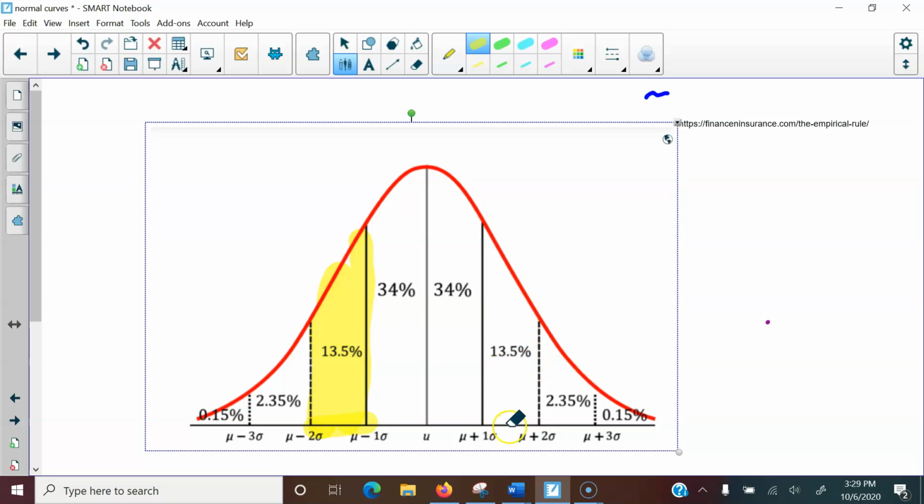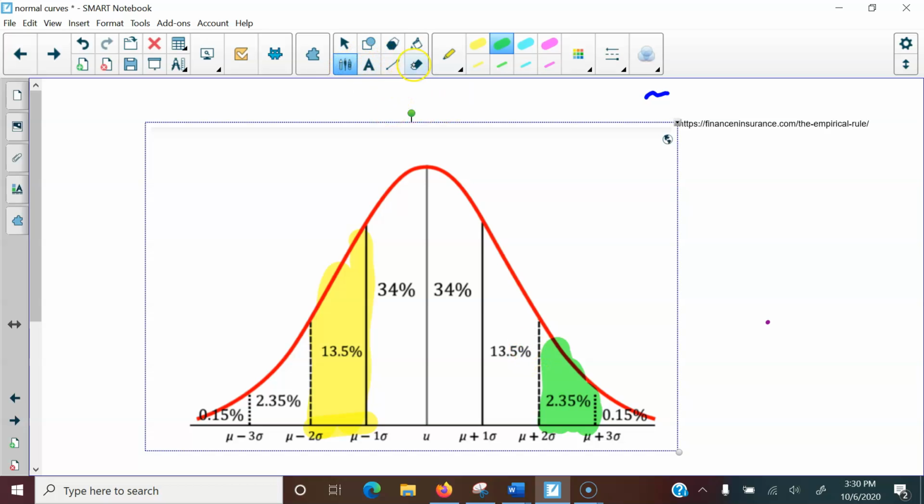And by symmetry, we have that same amount over here. Between 2 standard deviations above and 3 standard deviations above, we have 2.35% of the data. And again, by symmetry, we have that same amount on this side. And then on the very outside, out past 3 standard deviations, this is the 0.15% we talked about earlier, same thing over here.